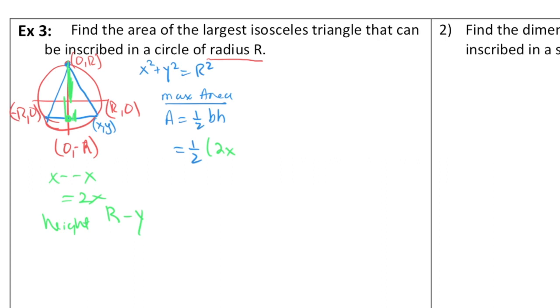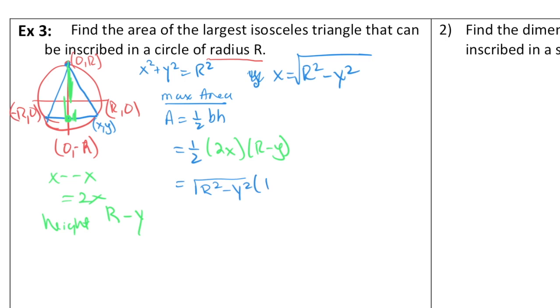So we're going to have 2x times r minus y. Now, when we go back to the constraint equation and solve this for x, we're going to get x is equal to the square root of r squared minus y squared. All right, do our substitution. We now have the square root of r squared minus y squared times r minus y.